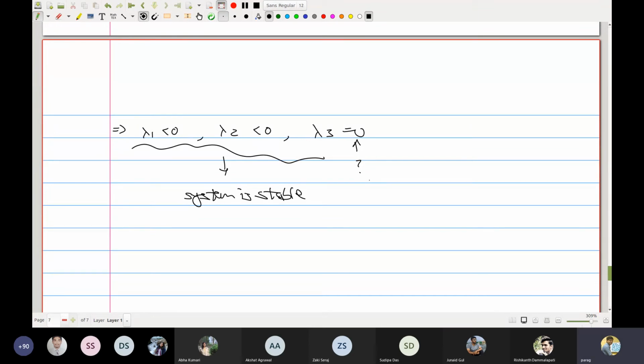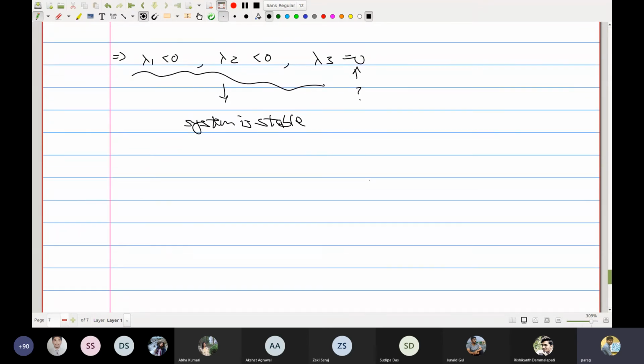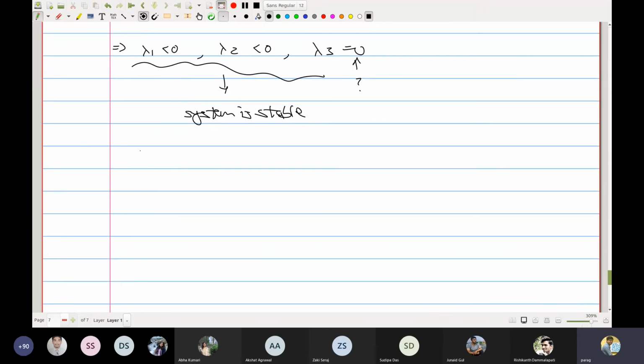That's a good sign. But what is the meaning of this eigenvalue 0? So let's see the significance of eigenvalue. Negative eigenvalue means the system squeezes. Everything is squeezing to a particular value.